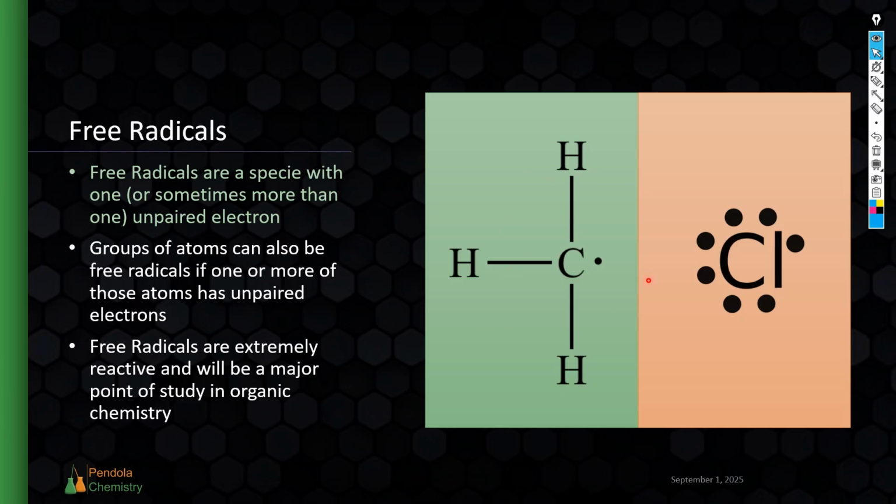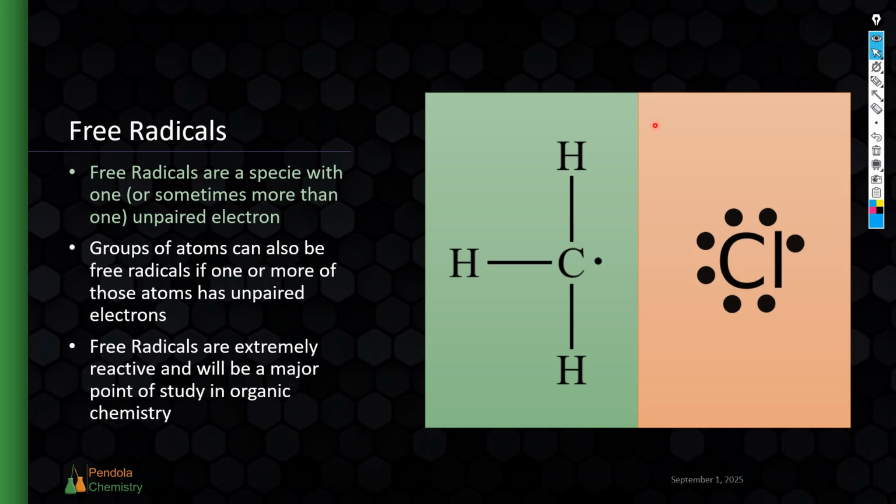This other molecule, the CH3 molecule, is also a free radical. We have carbon bonded to 3 hydrogens, and then 1 electron on that carbon is by itself. Well, that makes this CH3 molecule a free radical. Now, free radicals are extremely reactive.